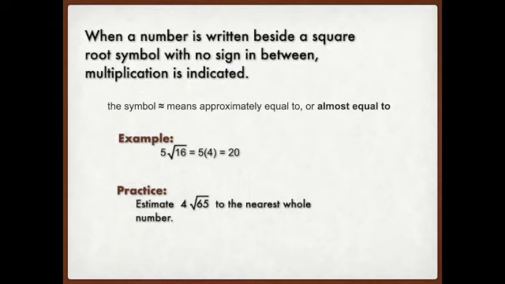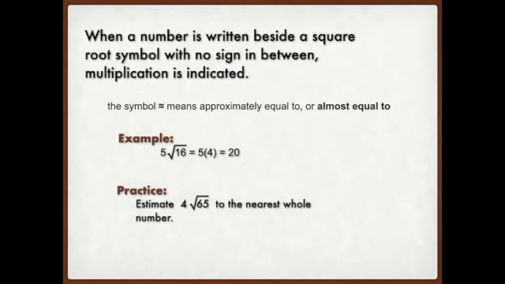So just like we did with the range, let's figure out the closest perfect square. 2 times 2 is 4, no. 3 squared is 9, no. 4 squared is 16, nope. 5 squared is 25, nope. 6 squared is 36, nope. 7 squared is 49, we're getting closer. 8 squared is 64, so 64 is the closest perfect square. So we're going to approximate. Remember, we're doing 4 times the square root of 65.